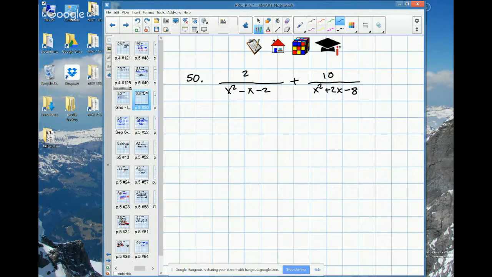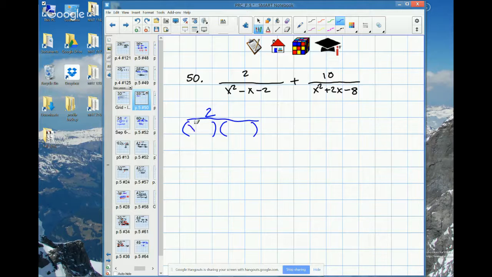I need to add these two, but I can't. They don't have a common denominator. So we've got to try to figure out a way to get a common denominator. And you must begin this by first factoring the denominators that you do have. So get that first fraction. How can I factor that? Well, it's not too hard.